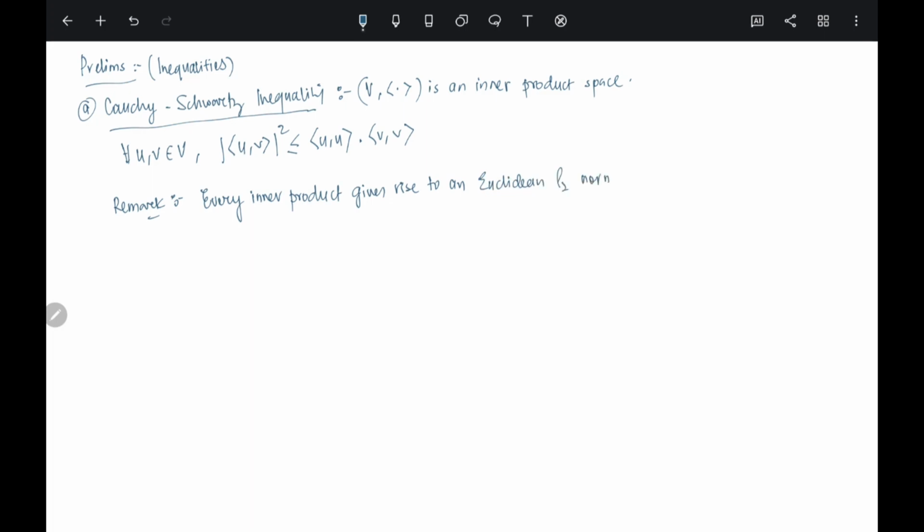The norm of u is defined as the square root of the inner product of u with itself. You always know that the inner product of u with itself is a non-negative real number, so all of this makes sense.